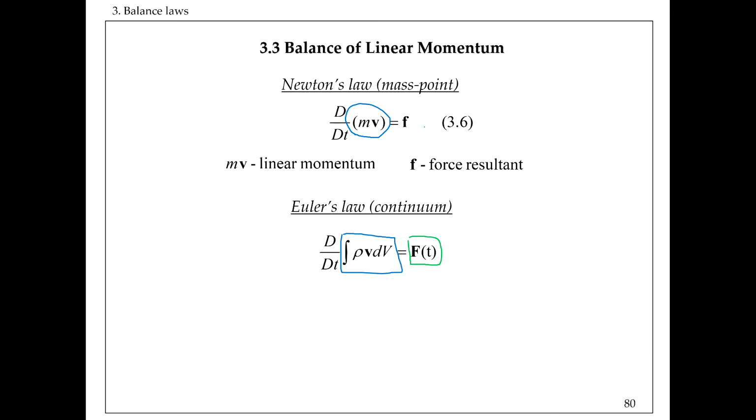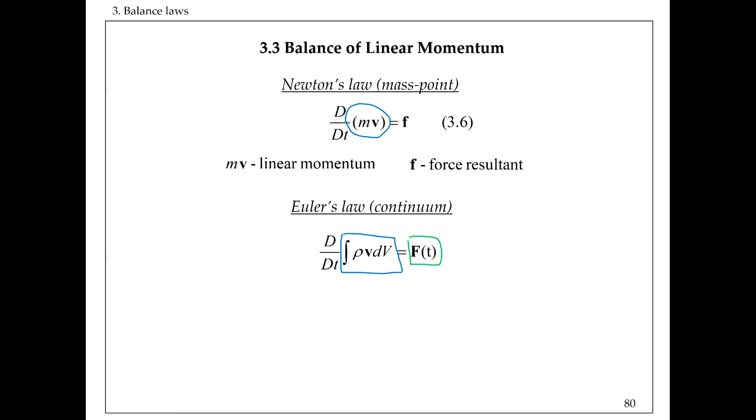When it was just one mass point, using Newton's law, it was very clear: it applied at that point exactly. Now in the continuum we can have forces that are applied at different points, or distributed differently along the surfaces.